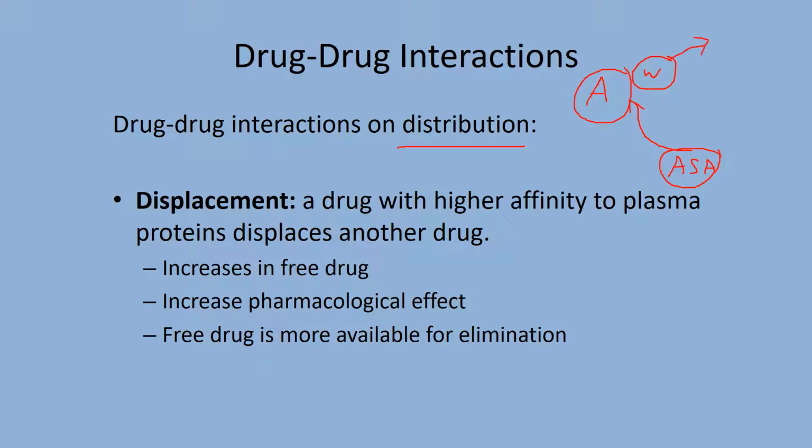So effectively, you're going to get an increase of free active warfarin drug concentration in your body. And it only takes a little bit of aspirin to kick off a little bit of warfarin to magnify the effects. Maybe it's twice as much in your blood, 3 times as much. So of course, no aspirin if you're on Coumadin or warfarin therapy.